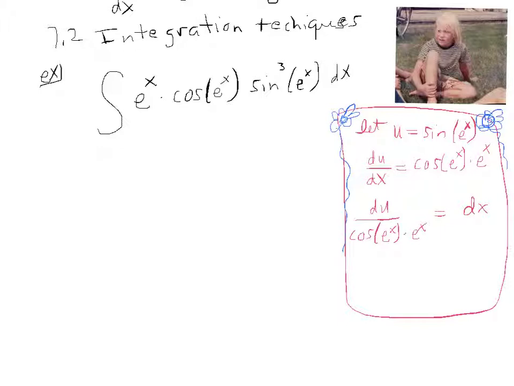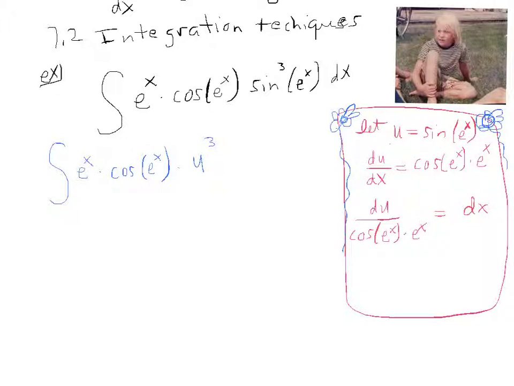And that's what I'm now going to take, go back with my box, and rewrite this equation. It's e to the x still, and then I have a cosine of e to the x, and then instead of sine of e to the x cubed, I'm going to make that u cubed, because I'm using this substitution in for the sine.